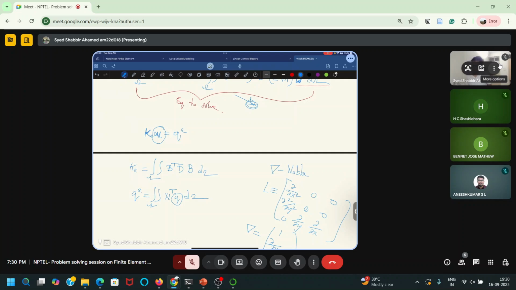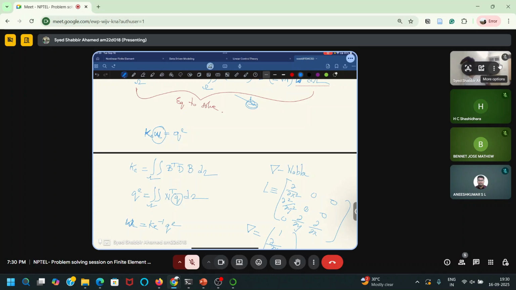So you know the shape functions, you get the stiffness matrix, you get the load vector. Then you can simply take the inverse of K, and you can get the nodal displacement vector of the element. So that is what it is.